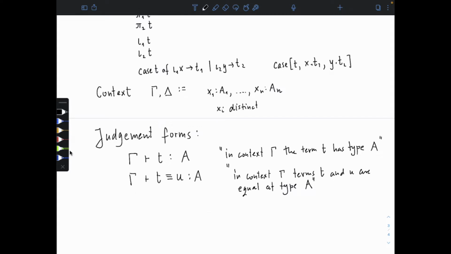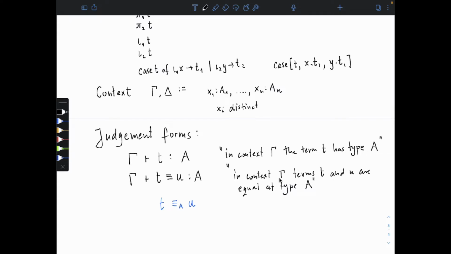This is also sometimes written as t and then the equal sign here, and sometimes the type is forgotten, but I do not recommend doing that, at least not in this version of the calculus. If you're going to have equality without indicating the type, you suddenly have to be a lot more careful. It's easier to make mistakes.